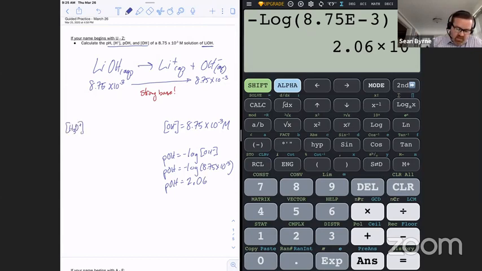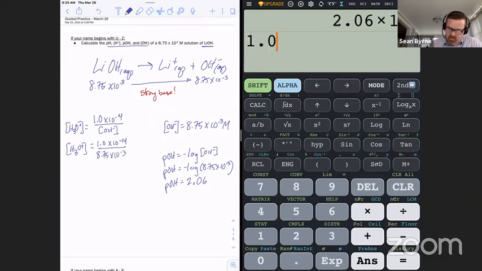My hydronium ion concentration is going to be equal to Kw divided by my hydroxide ion concentration. So for this equation, I have 1.0 times 10 to the minus 14 divided by 8.75 times 10 to the minus third.